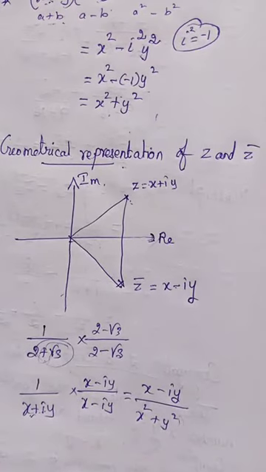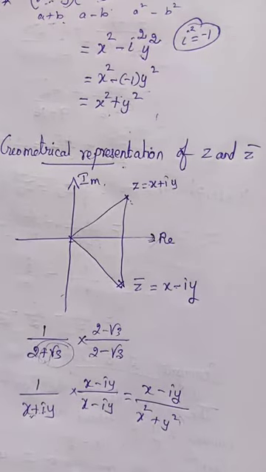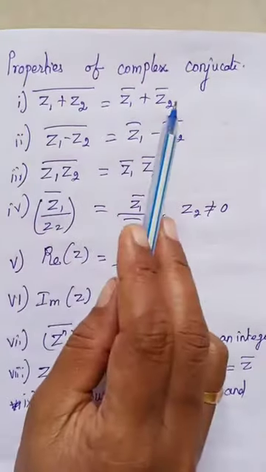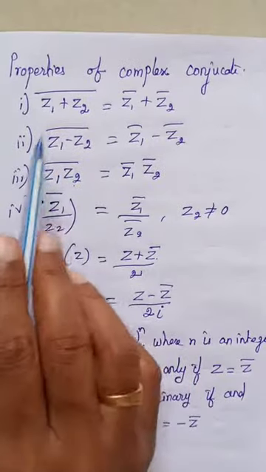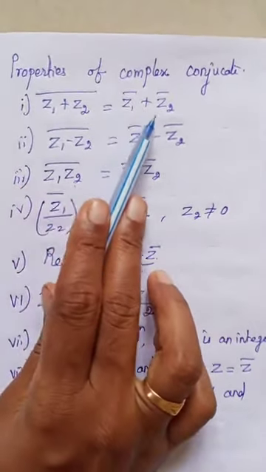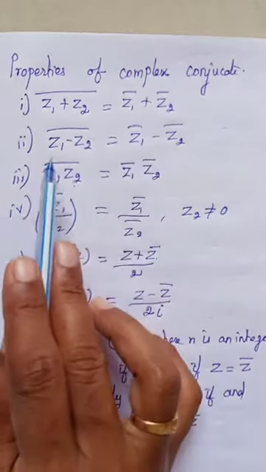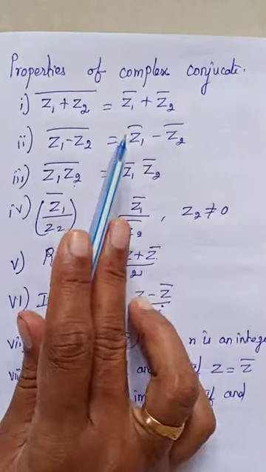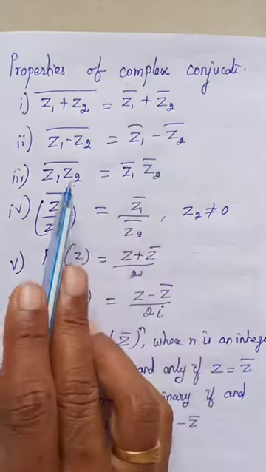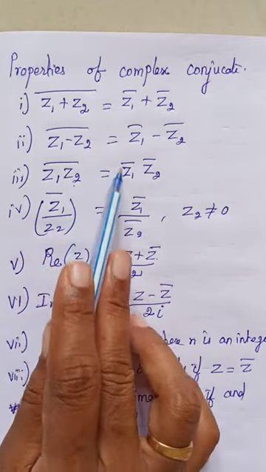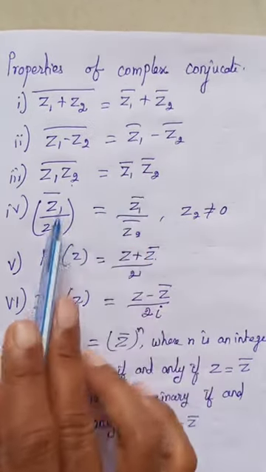Now we are going to learn some of the properties of the complex conjugate. Z1 plus Z2 the whole bar can be written as Z1 bar plus Z2 bar. The same way, Z1 minus Z2 the whole bar is Z1 bar minus Z2 bar. Z1 into Z2 the whole bar is Z1 bar into Z2 bar.